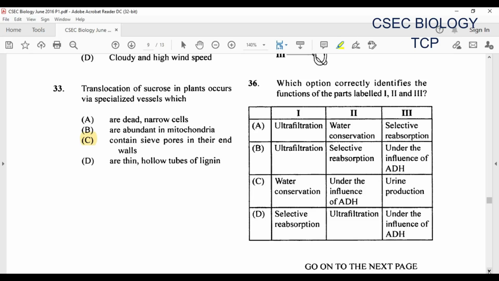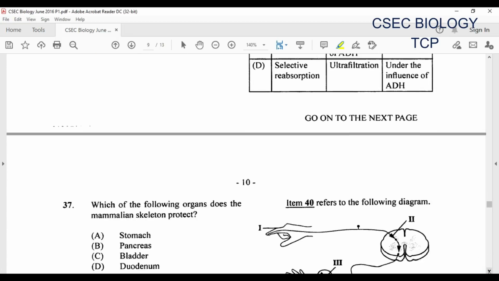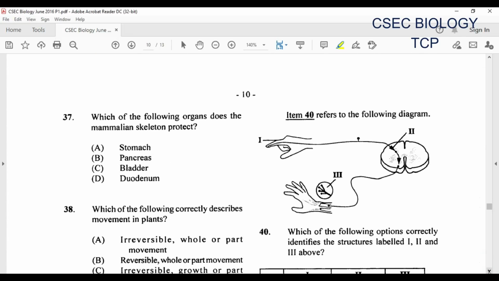I think our best answer here is going to be B. ADH regulates the permeability of the loop of Henle. Selective reabsorption is taking place in the convoluted tubule, while we have ultrafiltration taking place between the Bowman's capsule and the glomerulus. So we want to take note of that. So the answer there, B.